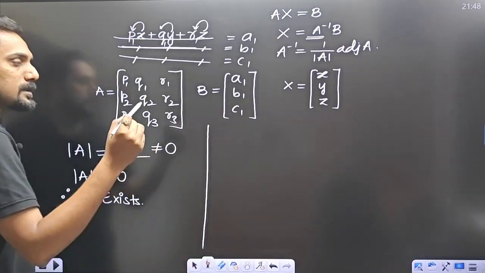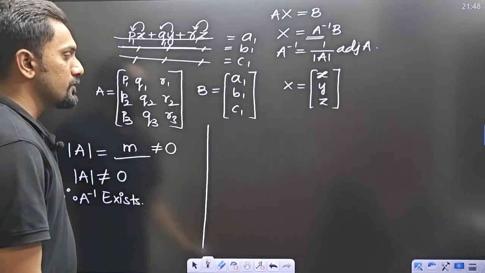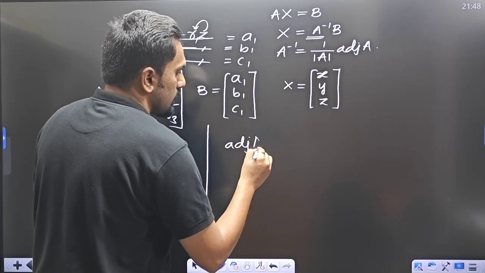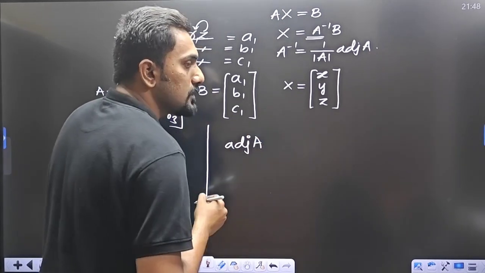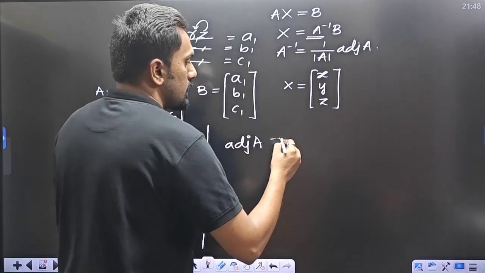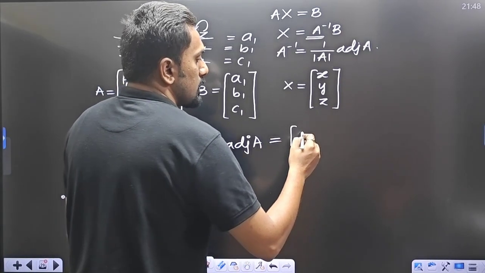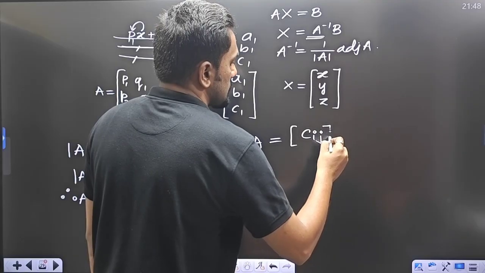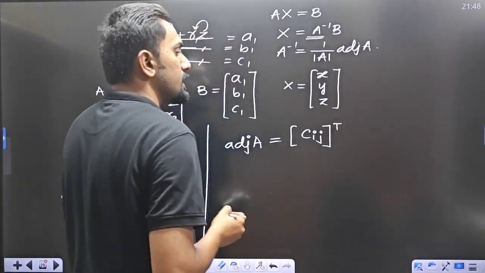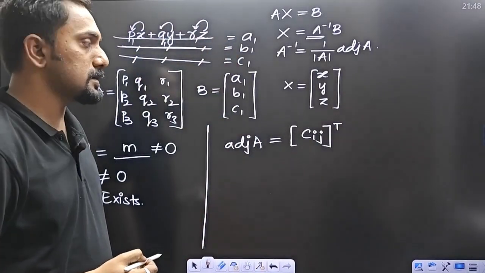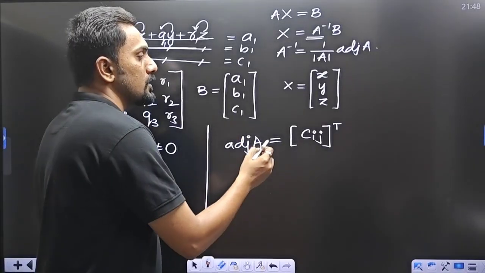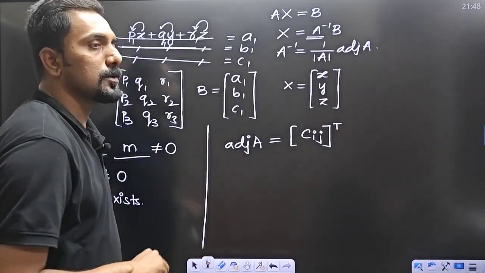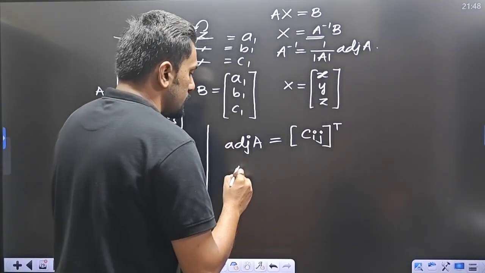If A inverse exists, we have to find it. For that, we have to find the adjoint of matrix A. How will you find the adjoint of matrix A? First we find the cofactor matrix. Then after taking the transpose of the cofactor matrix, you will get the adjoint of the matrix. Once the adjoint is found and the determinant value is known, we will find A inverse.